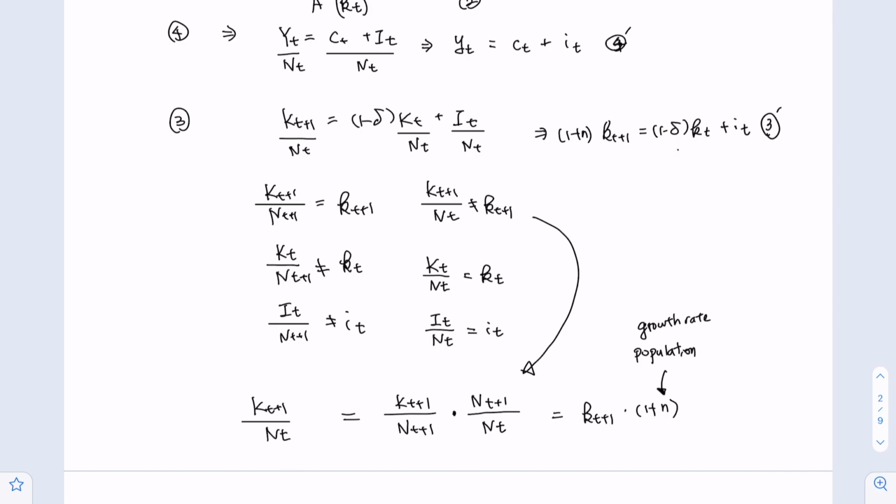The right-hand side equals 1 minus delta multiplied by the capital stock per capita at time t, plus the investment at time t in per capita terms. And so we successfully converted the third equation, expressed in terms of aggregated variables, into an equation expressed in terms of per capita variables.